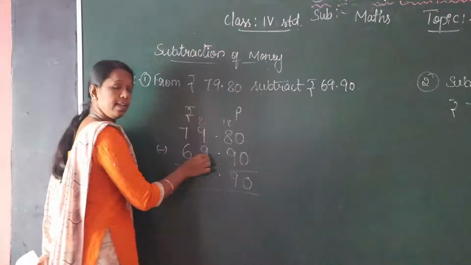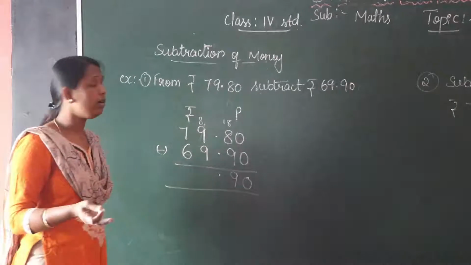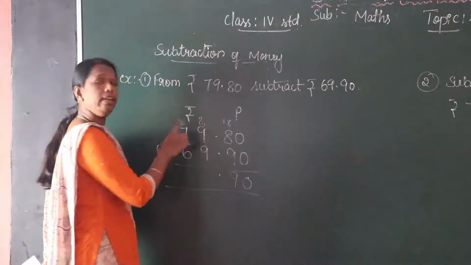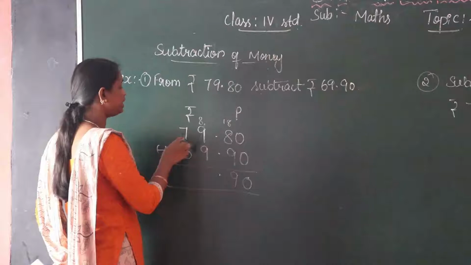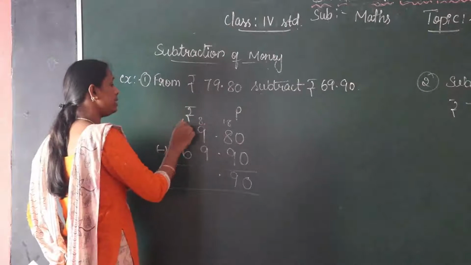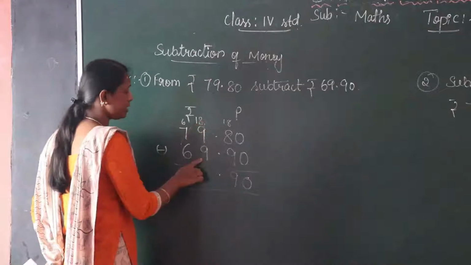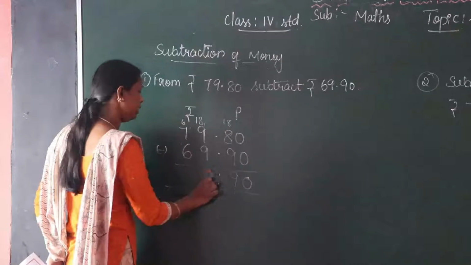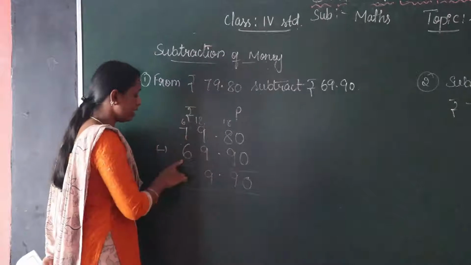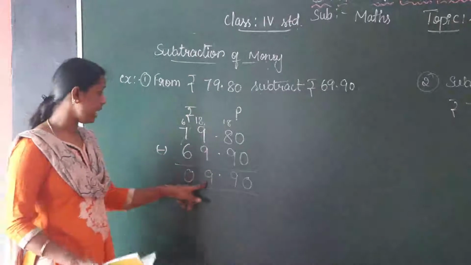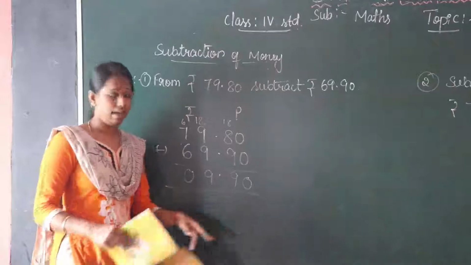And 8 minus 9 is also not possible because the subtrahend is greater than the minuend. Again we take the borrow from this place. This 7 becomes 6, and this 8 becomes again 18. 18 minus 9, what's the answer? 9. And then 6 minus 6, you get 0.